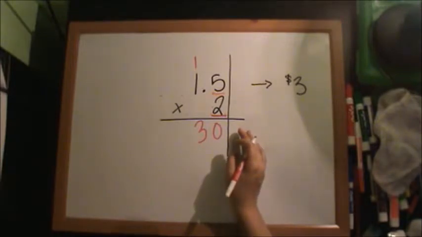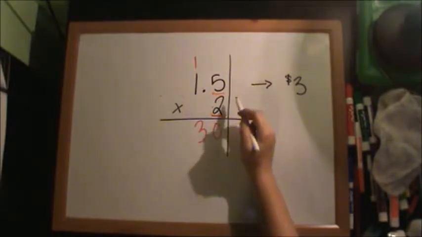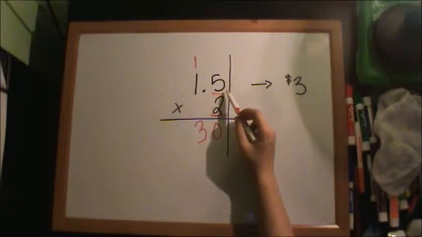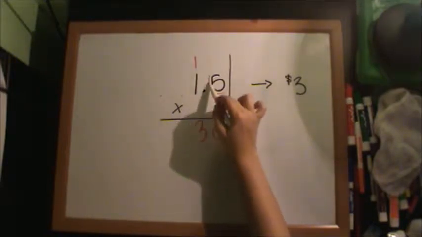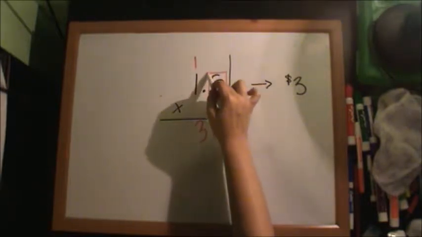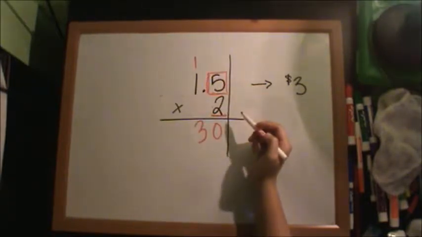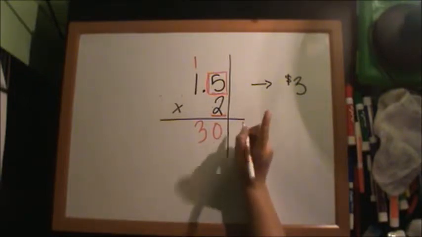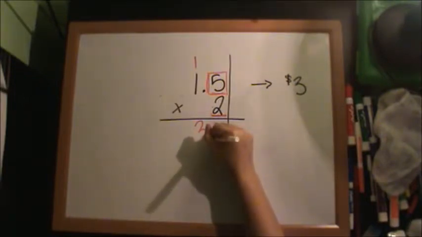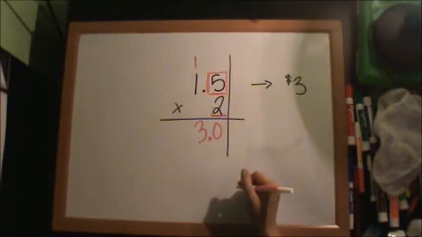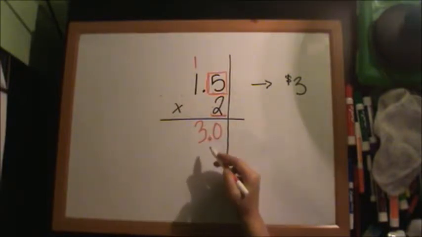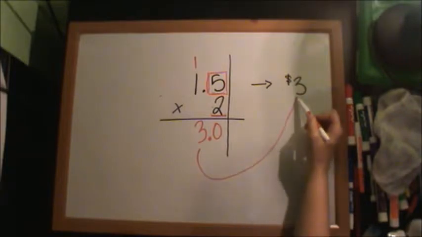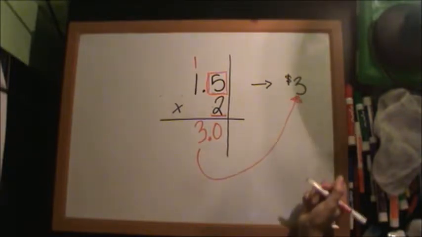Now standard algorithm calls for you to count how many numbers are behind your decimal point. I have one number behind the decimal point, and it's this 5. So I'm going to keep one number behind the decimal point. That determines where my decimal point goes, and we got the same answer that we said the answer should be.